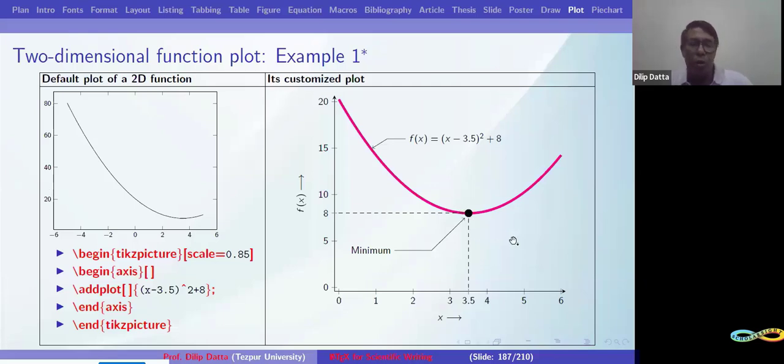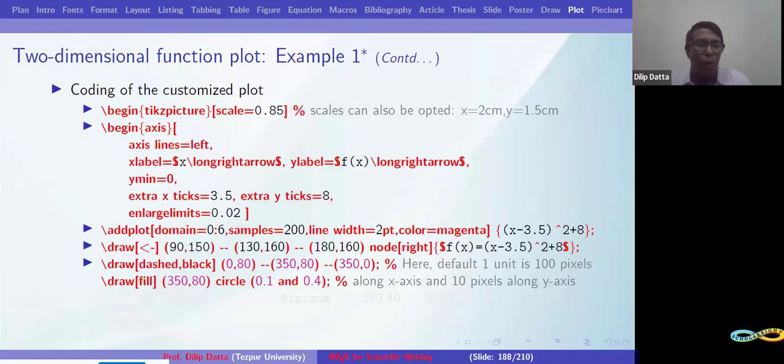You can draw it by ellipse. This is what I was telling. If we use this circle with only one radius, it will be an ellipse because the two axes are different, which are coming by default. One unit is 100 pixels along the x-axis and 10 pixels along the y-axis. So I drew one ellipse with this, and it is filled also to have a filled circle.